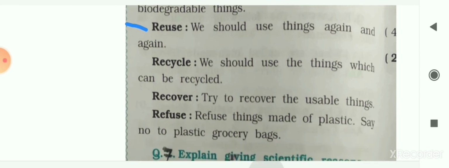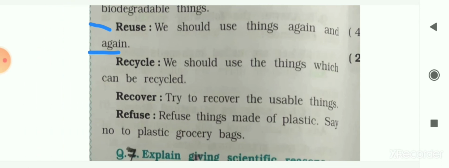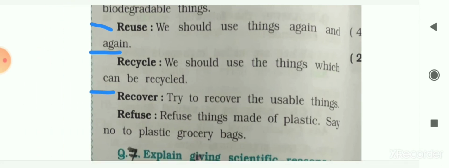Next is recycle. We should use the things which can be recycled. As we had seen, thermoplastics can be recycled, so we should use those kinds of things. Next is recover. Try to recover the usable things. Whatever we are using, we have to recover those usable things.